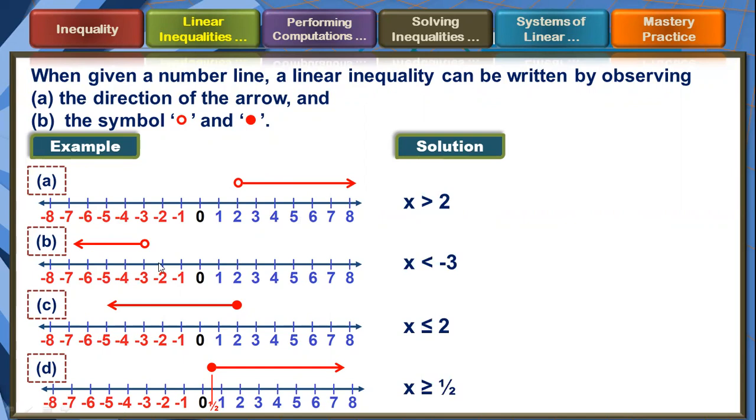Same thing for letter B, x is less than -3 because this one is going to the left, so we will have less than here. This one has a shaded part, so it has an equal sign, and this one also has a shaded part and an equal sign. So this one is x is less than or equal to 2, and this one is x is greater than or equal to 1/2.